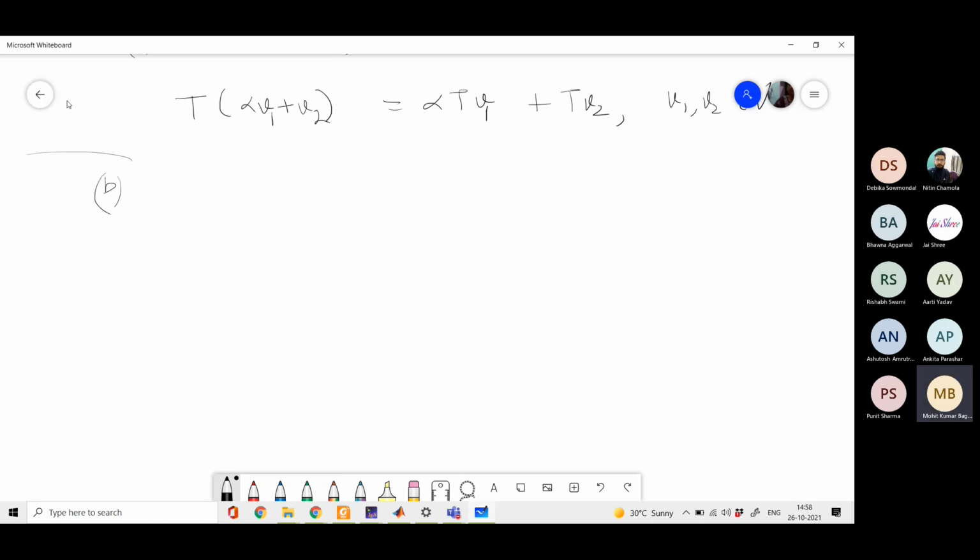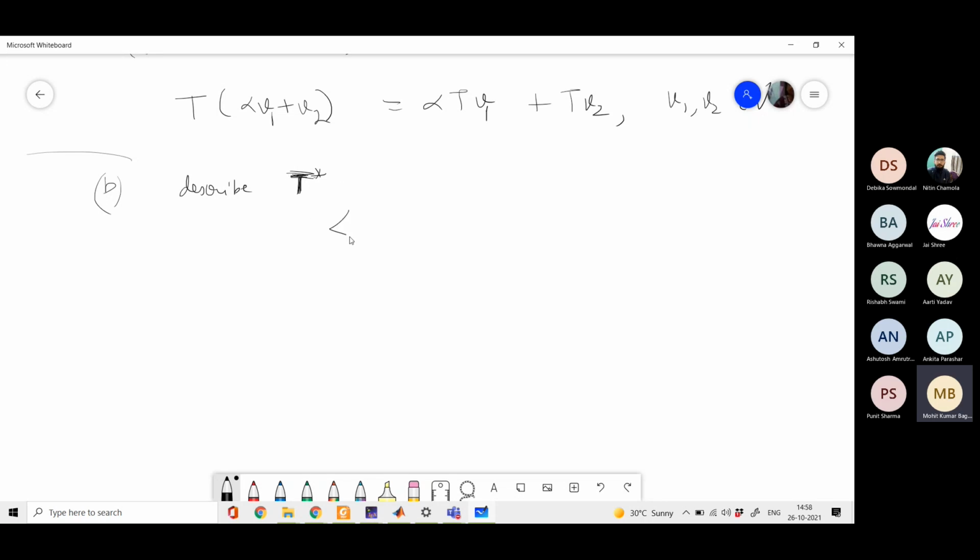So you have to describe T star. You have to find this T star. Can you just quickly do this in your copy and tell me? Try it in a notebook, because then only you can verify and understand. How to write T star?